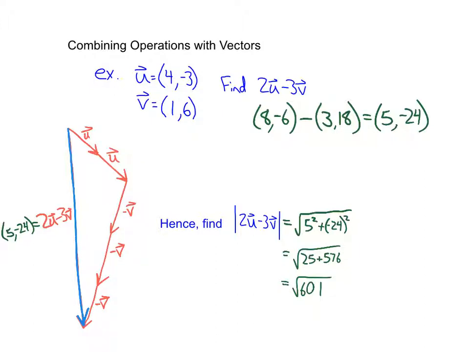So we're doing a lot of this stuff we started doing yesterday, but now with components, it's much easier. We can just deal with the numbers. We don't necessarily have to draw all the things between. If I were graphing this vector, all I would have to do is draw the blue one, the result. I wouldn't have to draw the separate ones, because I can figure out what the result will be algebraically instead.